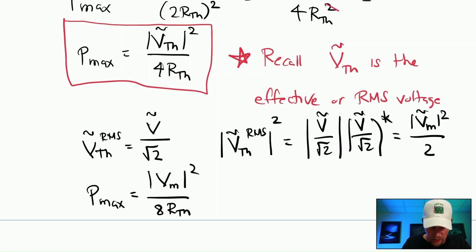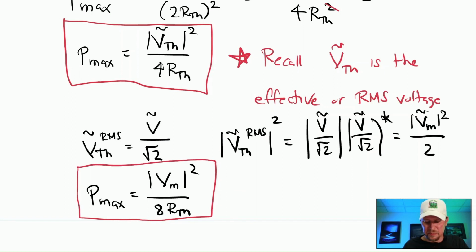So literally what I ended up doing was I plugged this result into there. And notice that since this has a 2 in the denominator, this one picks one up there as well. So if you happen to have maybe not the RMS value of the voltage, maybe you just have the magnitude, then you can use this alternate form of the result in order to calculate the maximum power that's actually being delivered.